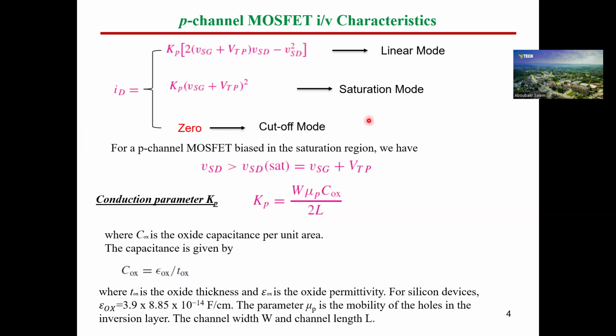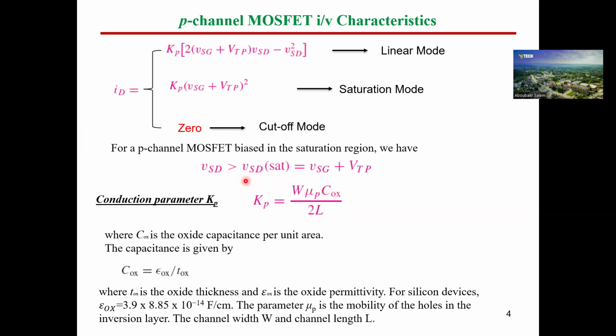So this is the condition of cutoff in case of the P-channel MOSFET. For a P-channel MOSFET, guys, if VSD is greater than VSD saturation, which is VSG minus V threshold P, in this case the MOSFET will work in the saturation region.